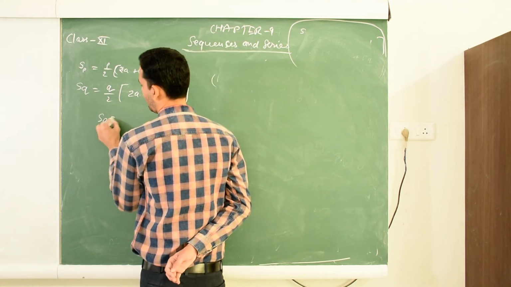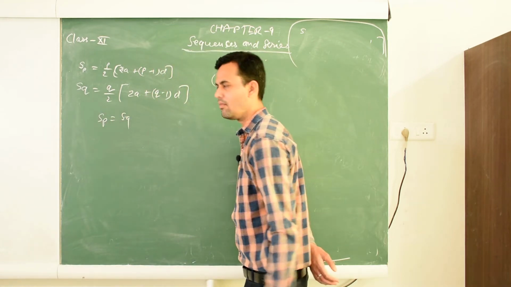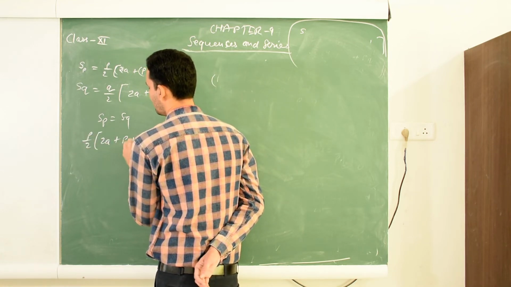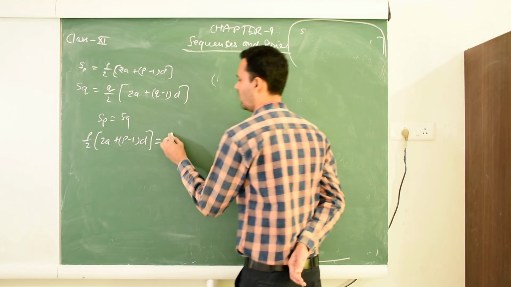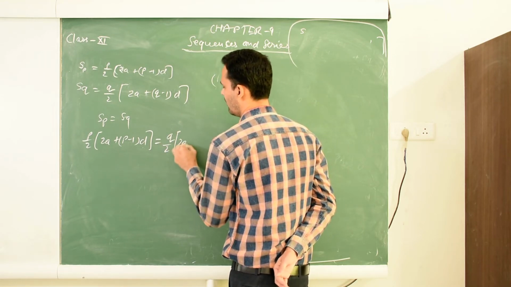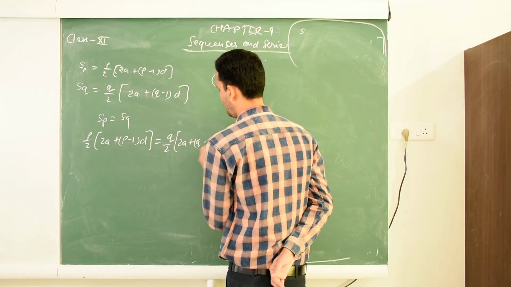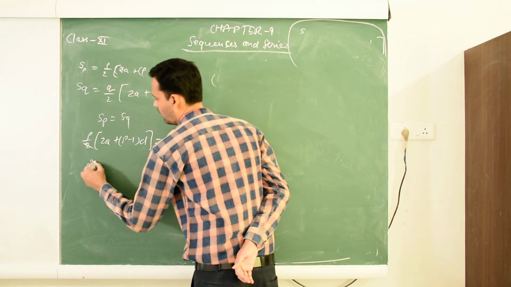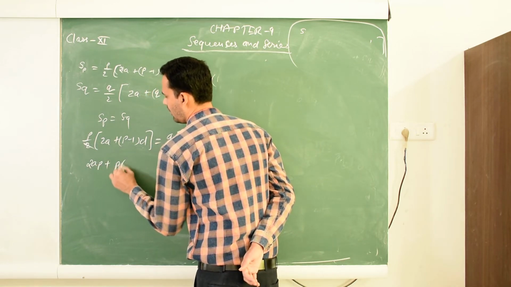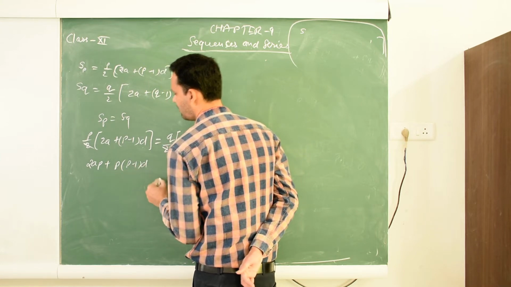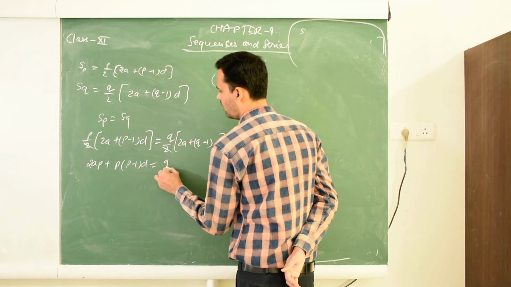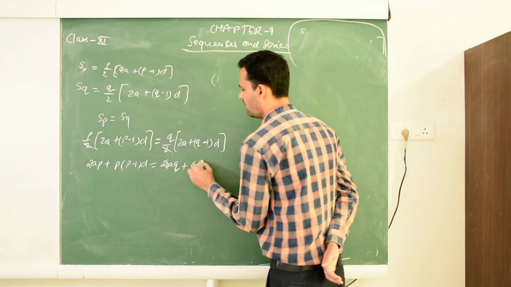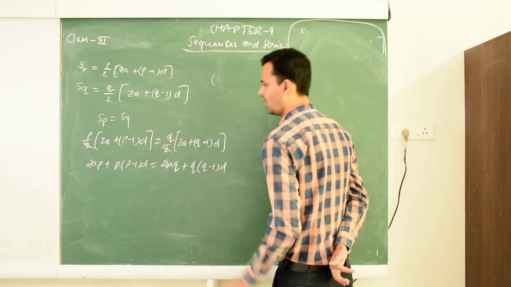Given that S_P equals S_Q, it means P by 2 (2a plus (P minus 1) d) equals Q by 2 (2a plus (Q minus 1) d). The 2 cancels by 2. So 2aP plus P into (P minus 1) d equals 2aQ plus Q into (Q minus 1) d.